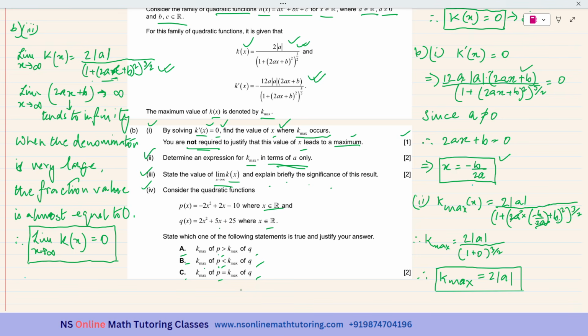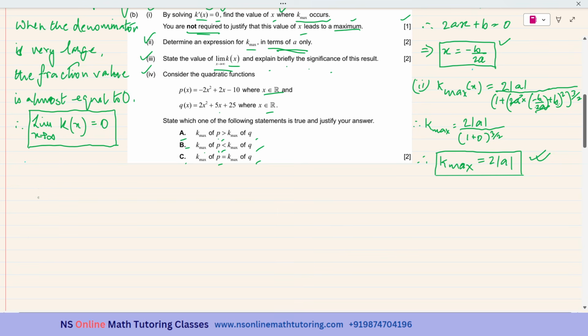Okay. And we have seen that the expression for k max is 2 times absolute value of a. So k max of p is equal to 2 times, a is minus 2 for p, and absolute value of minus 2 is positive 2. So this is equal to 4.